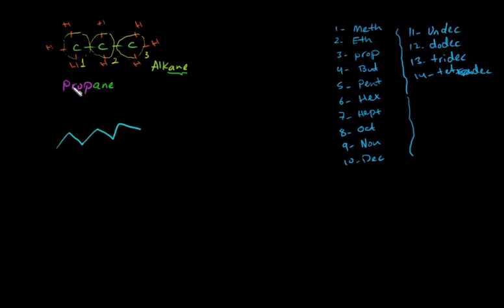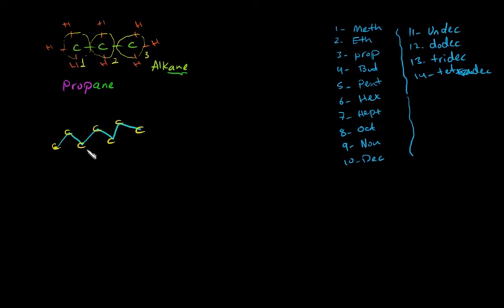Now what we should know first is how many carbons we have here. Every point on these lines is a carbon. Here's one carbon. Here's another carbon. Carbon.